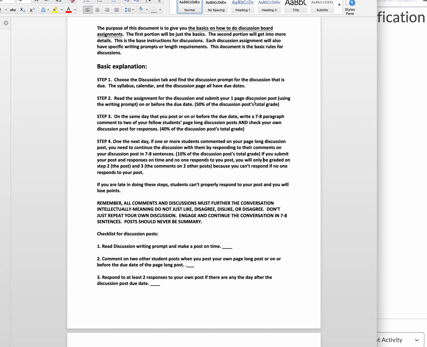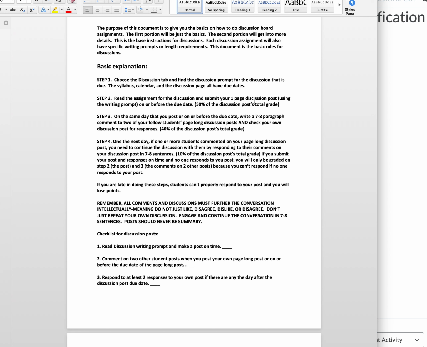Now, on that same day, you may have to wait a few hours if you're the first one to post or if you're early. But on that same day or before the due date, you also need to go onto two other fellow students' page-long posts and write a 7 to 8 paragraph comment on each.